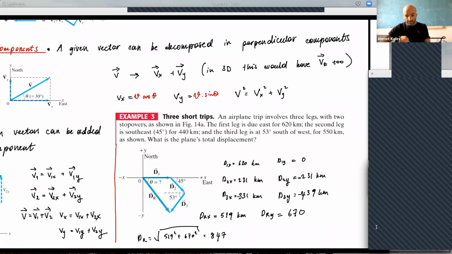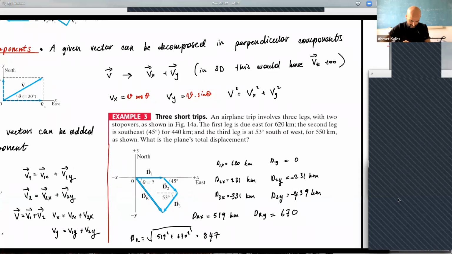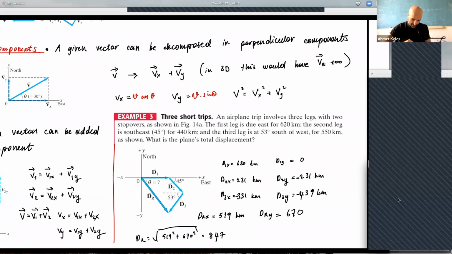We have to look at your book. D2x, okay. Yes, thank you. Yes, D2x should be 311. How did I find that? Oh, I multiplied with the wrong number.